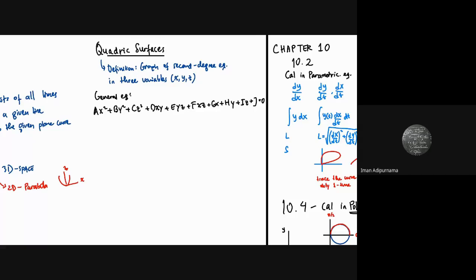So the quadratic surface has mostly second-degree terms, which means you will get squared terms: x squared, y squared, and z squared. Other terms are combinations, a linear one, and also a constant. Let me write a, b, c, up to j, which are all constants.